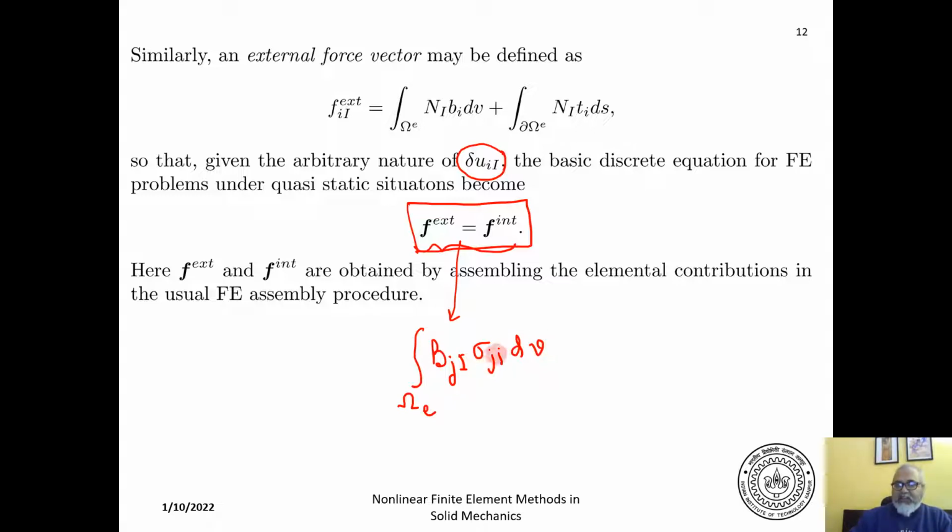Sorry, this is the internal force, this integral, and the external force is this integral, whereas this part would be zero if, of course, the element does not share a boundary with del omega t. Okay, so this is going to be our guiding principle in most of the formulations that we are going to handle.